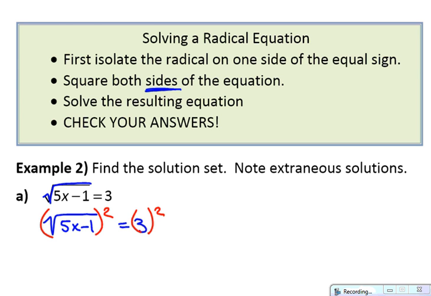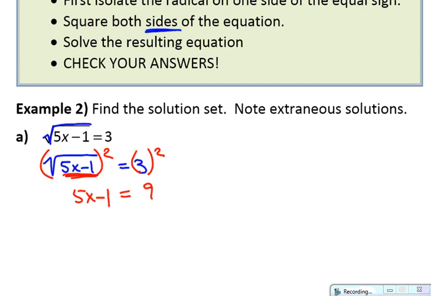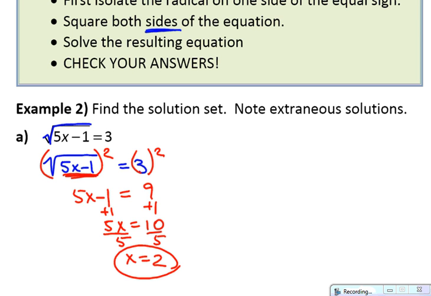When I square a square root, whatever's on the inside of it comes out. So that leaves me with 5x minus 1, no radicals, is equal to 9. Then I'm going to solve this little equation, so plus 1 to both sides, that gives me 5x is 10. Then I'm going to divide both sides by 5, and I get that x is equal to 2.